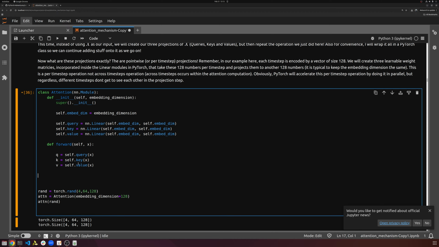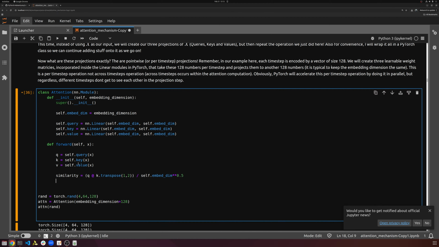And we're going to go ahead and just do exactly what we did before. Our similarity is equal to, in this case, q @ k.transpose. We're going to transpose that dimension, and we're going to divide by self.embed_dim to the power 0.5, the square root, right?